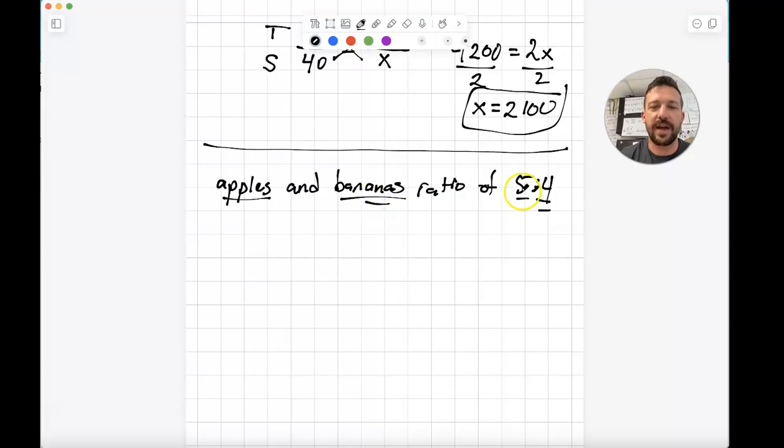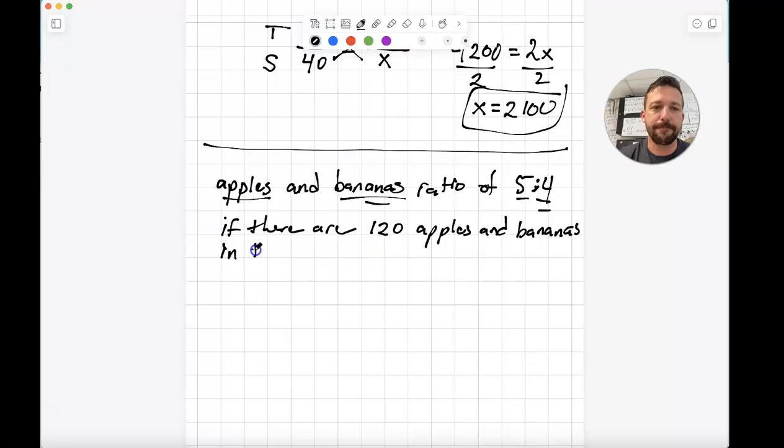So we've got 5 apples to every 4 bananas, okay? If there are, check this out, 120 apples and bananas, so that's the total, right? In total, how many bananas are there?